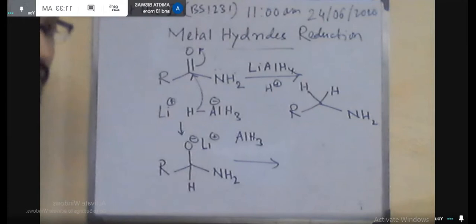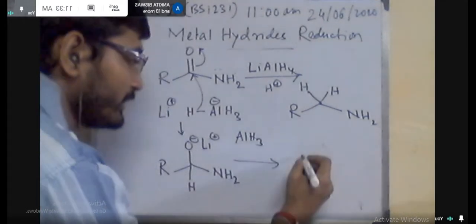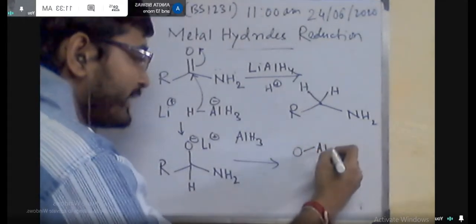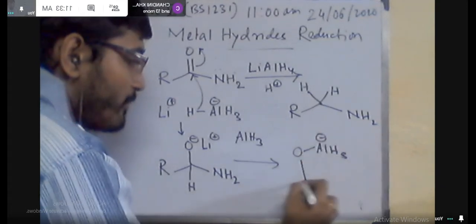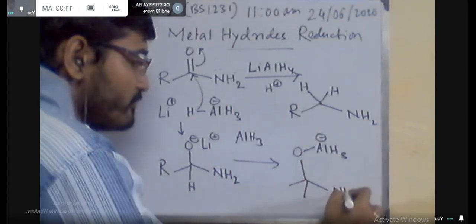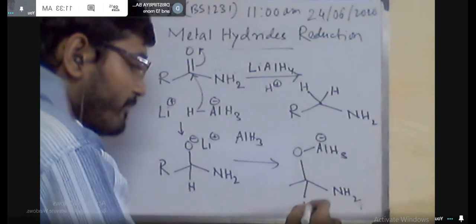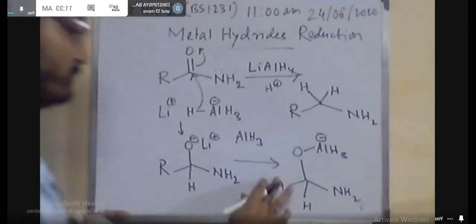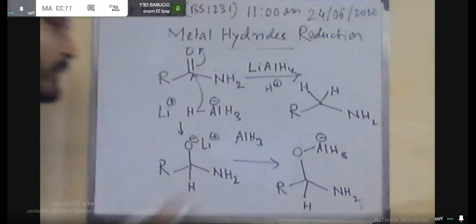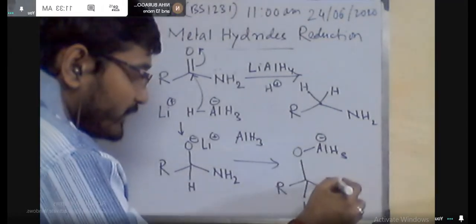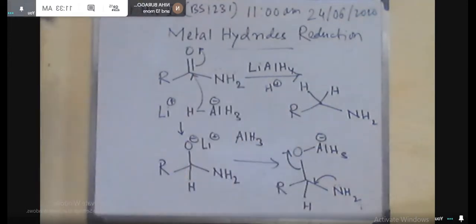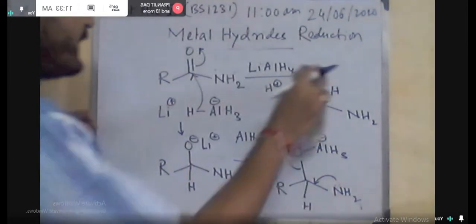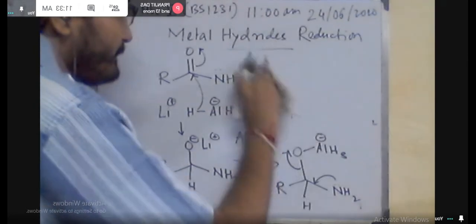So after formation of this imine bond, the lithium aluminium hydride is present. So again another hydride transfer will be there and it can generate the NH2, plus NH2.